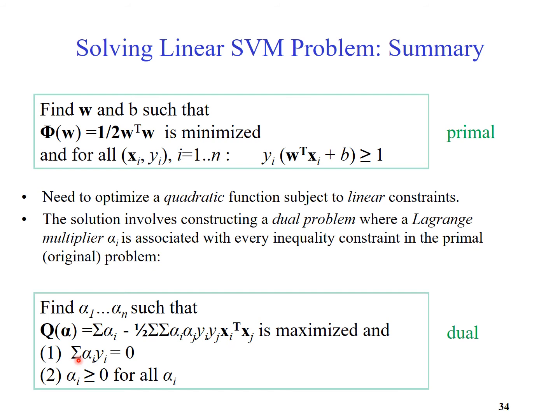In general, they are different. But there are some conditions where these 2 problems are identical, and those conditions are called KKT conditions. If the problem satisfies the KKT conditions, then these 2 problems are identical. So when we change primal to dual, we use KKT conditions.